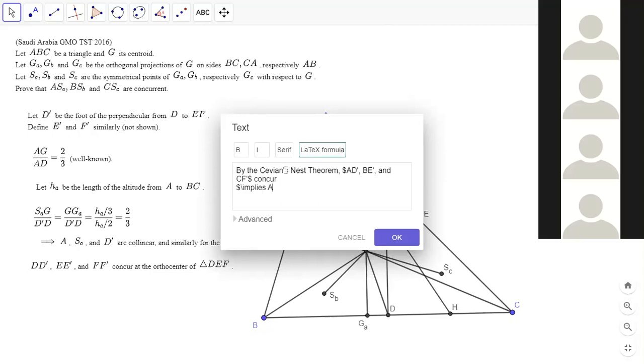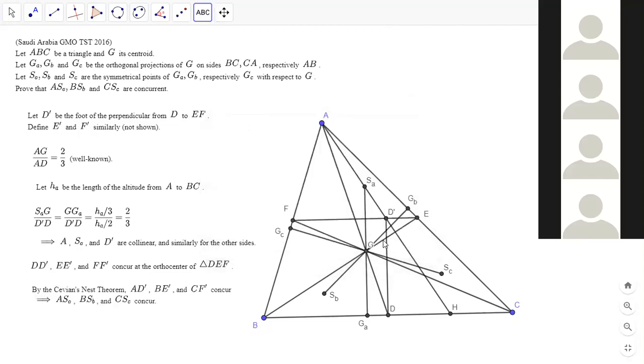That means that AS_A, BS_B, and CS_C concur. Let me fix the LaTeX. All right, this is easier than I thought. That was the key insight, showing A, S_A, and D prime are collinear.